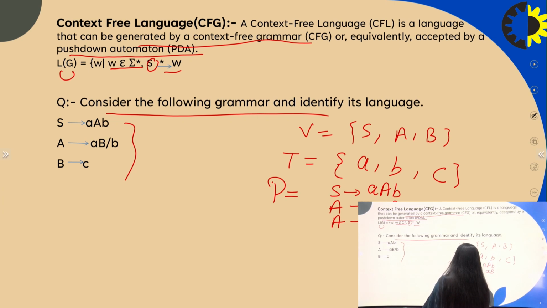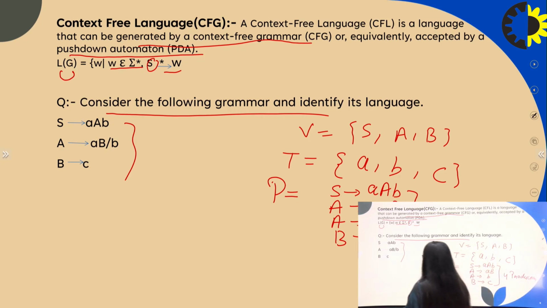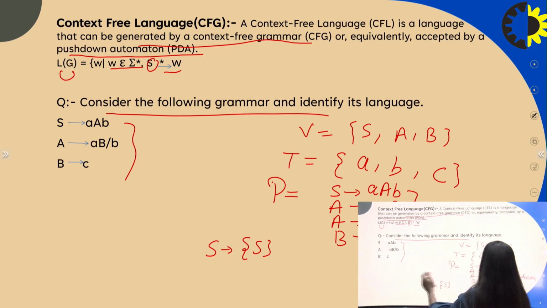A produces B, and B produces c. There are four productions in this grammar. What is the start symbol? The start symbol is S. So identify its language.